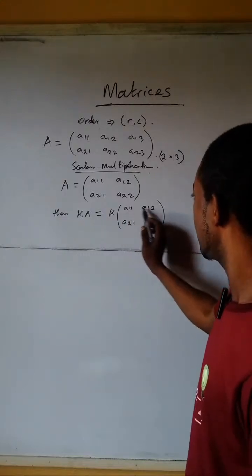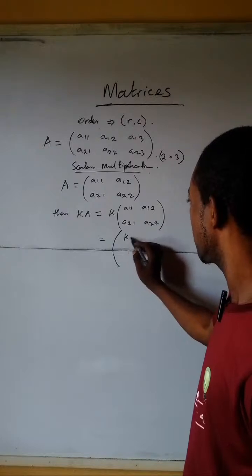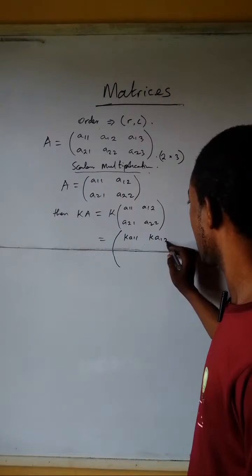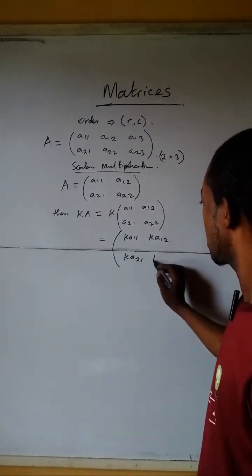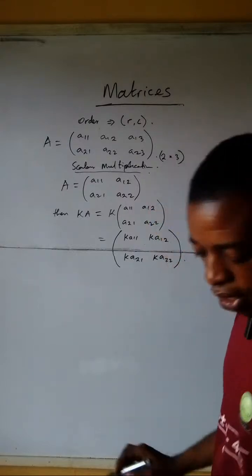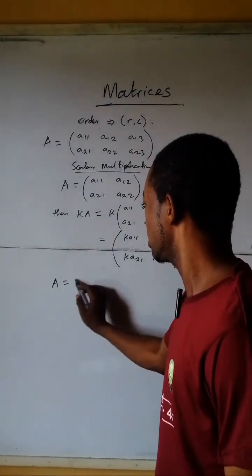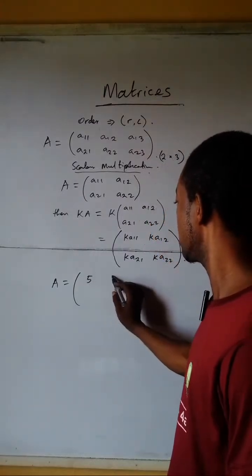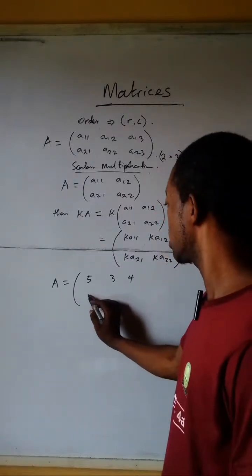So it will multiply each of these elements. That is, this will become KA11, KA12, KA21, KA22. For instance, if I have a matrix A and A is given as 5, 3, 4, then 2, minus 3, 1.